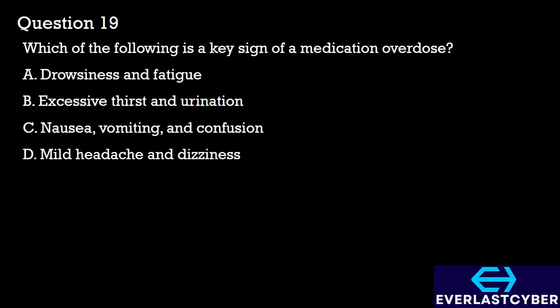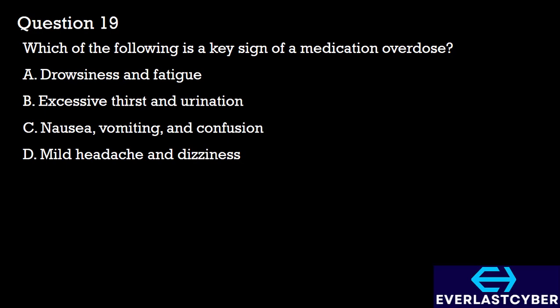Overdose symptoms often include nausea, vomiting, confusion, and other more severe reactions depending on the medication involved. So if any of these symptoms are observed, it is essential to seek medical attention immediately. Mild headaches and dizziness can occur with many medications, but again, they are not specific to an overdose and they are more common as side effects.